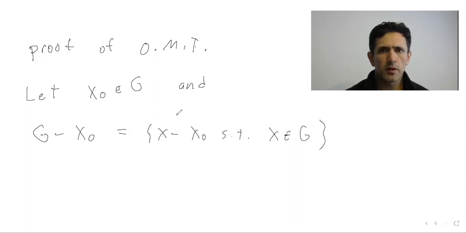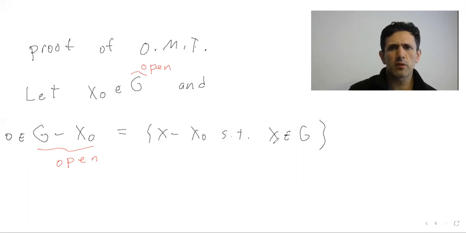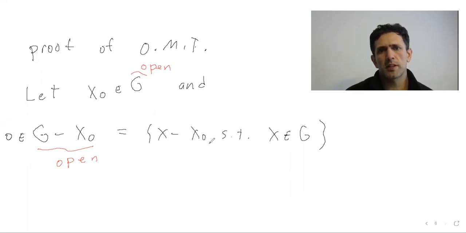So this is certainly open because we're assuming G is open. And certainly x0 is in G, so x0 minus x0 is in G minus x0. So 0 is in G minus x0. So we can pick a small ball, with center 0, radius t, that's contained in G minus x0. So it's open. We translate an open set, it's still open.